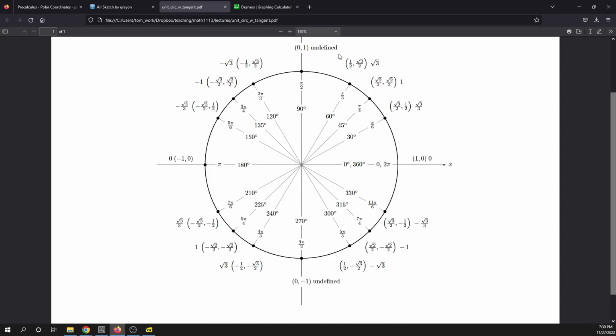And so we can see here's a place where the tangent is undefined, right here at pi over 2. And there's another one down here at 3 pi over 2 where the tangent is also undefined. So if you get undefined in that calculation, that means that the angle is either going to be pi over 2 or 3 pi over 2 for theta.